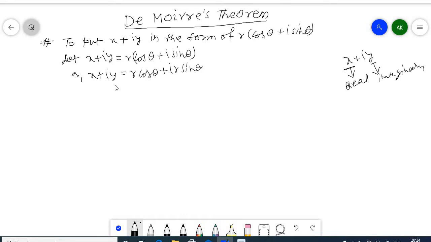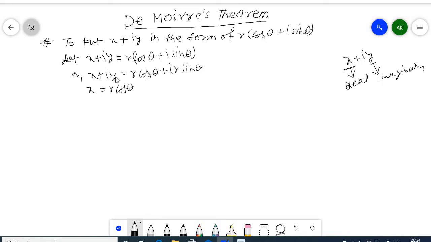So on the left side x is the real part, and on the right side the term independent of i, that means r cos theta, is the real part. So x is equal to r cos theta.